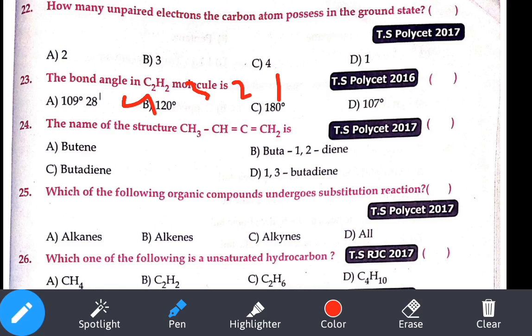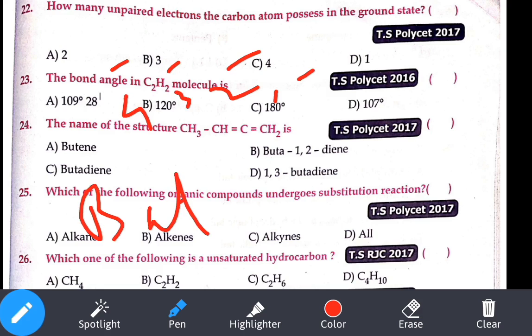So next we have to write the word root. How many carbons are there? 1, 2, 3, 4. So methane, ethane, propane, butane. So it should start with but- hyphen. Next we have to see any unsaturated carbon compounds; they are present on the first carbon and second carbon. So we will write 1 comma 2.